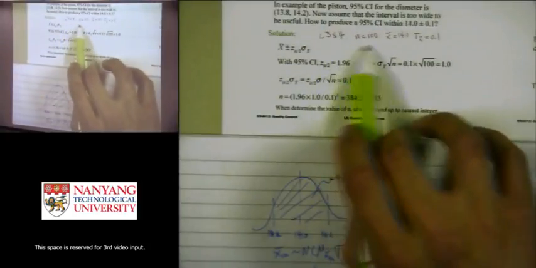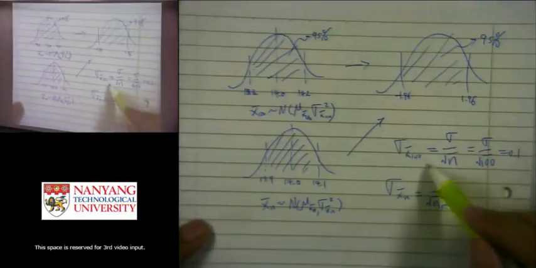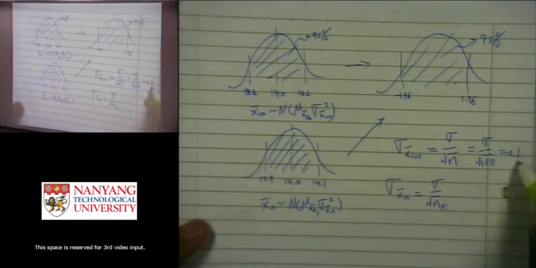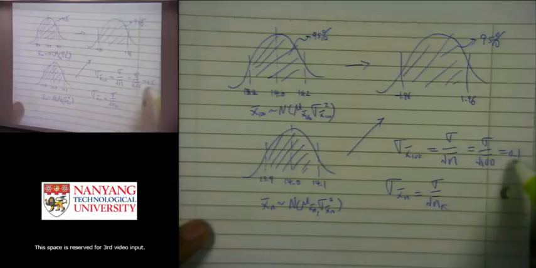And we know this value, sigma X bar 100, equals 0.1, from slide 3 or slide 4. So we can get the value of sigma, right? The square root of 100 is 10, and this is 0.1.